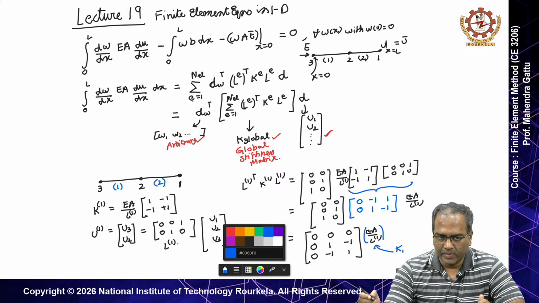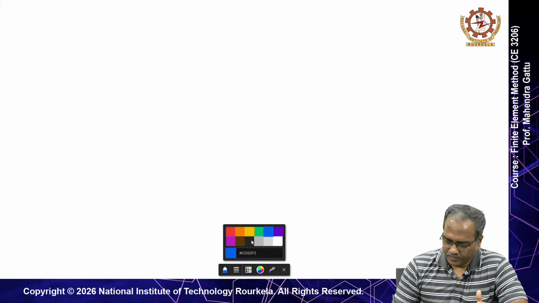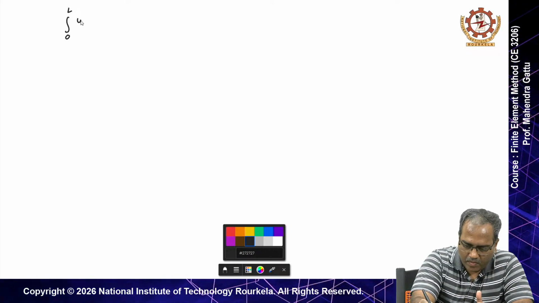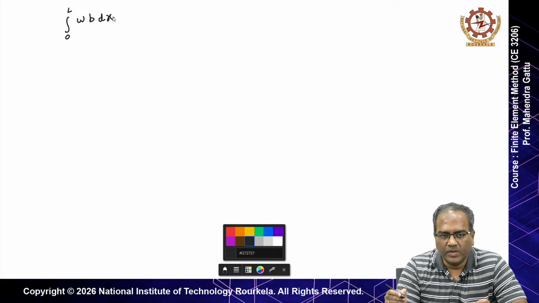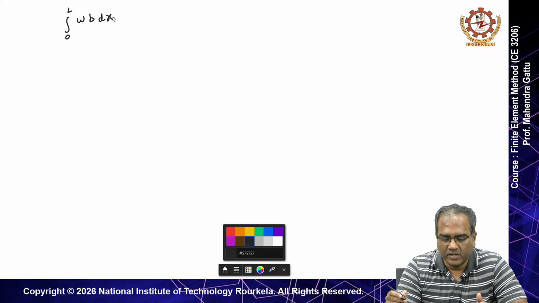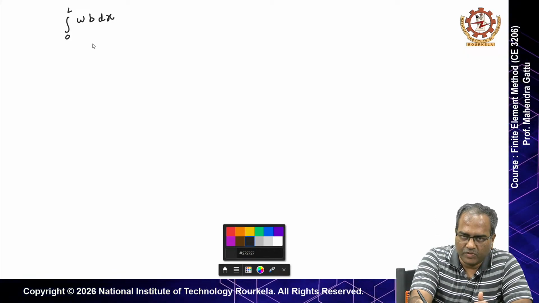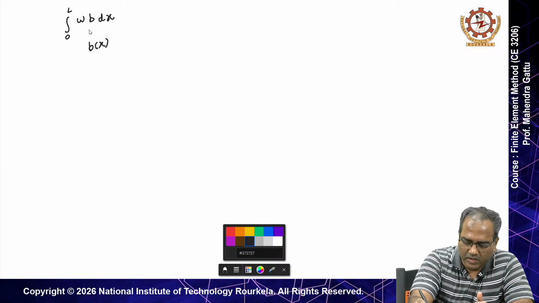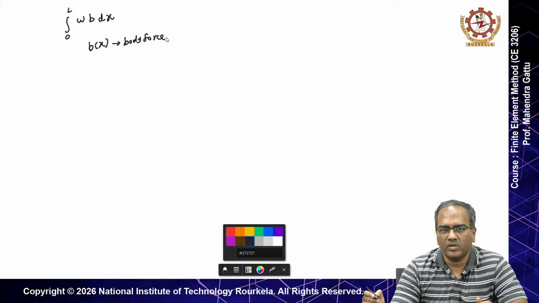integral 0 to L W B dx. So here, again W is the weighing function, B is the body force vector, the body force function. So, B of x is the body force.